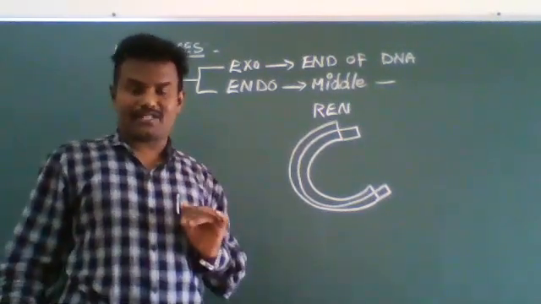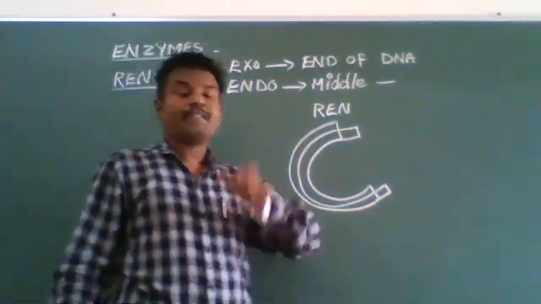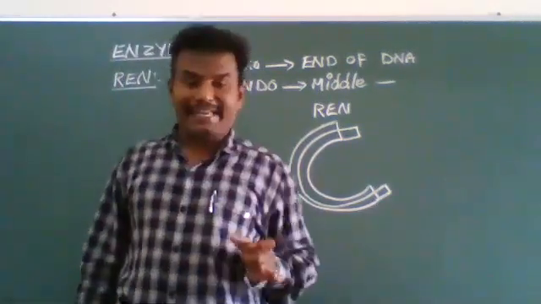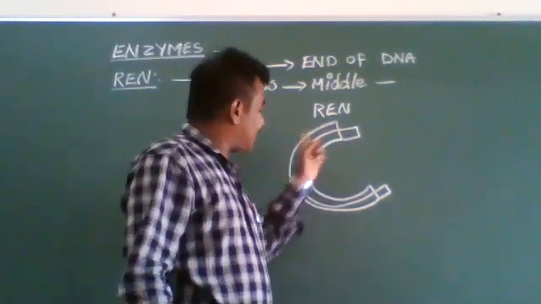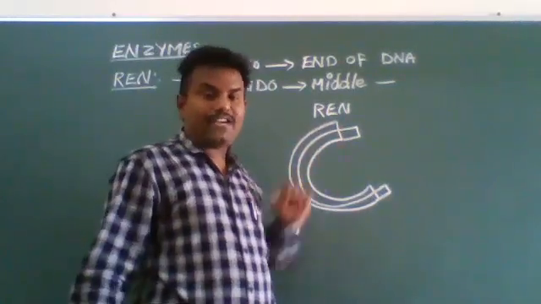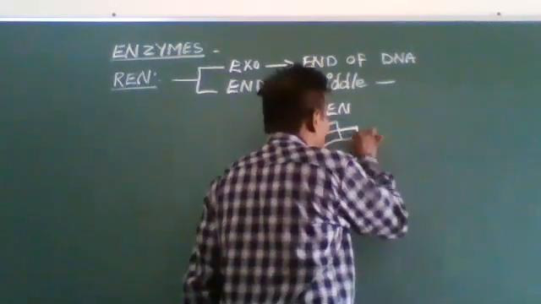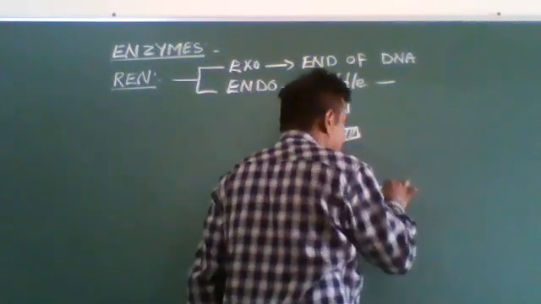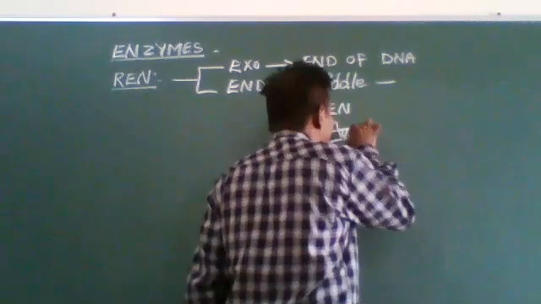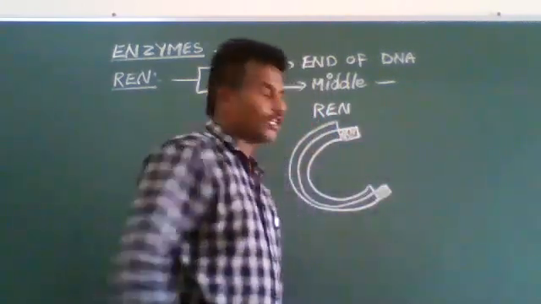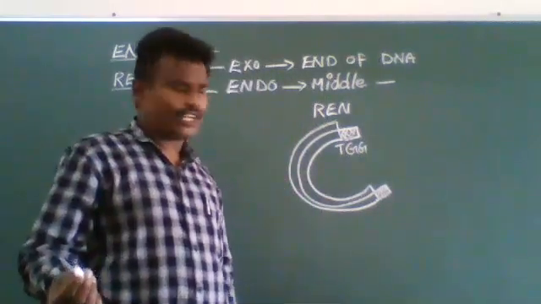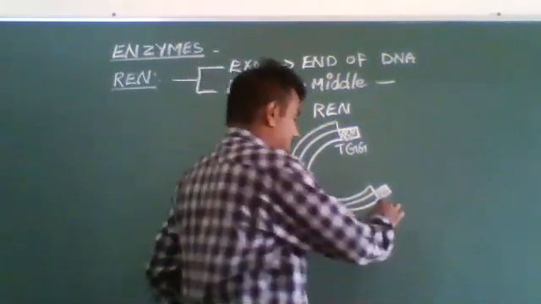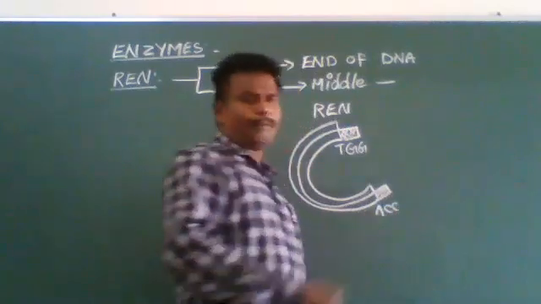When restriction endonuclease enzymes cut the plasmid, it leaves single-stranded portions with complementary bases. Any complementary would be there.